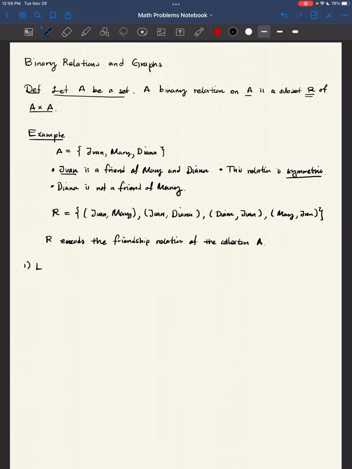The first, let A be a set and R a binary relation on A. First, we would say R is reflexive if for each a in A, the pair (a, a) is in R. In other words, a relation is reflexive when every member of the set is related to itself.